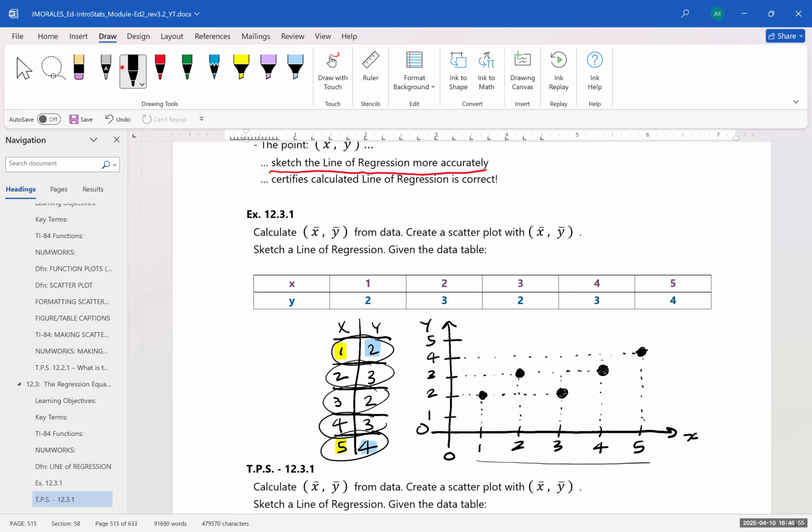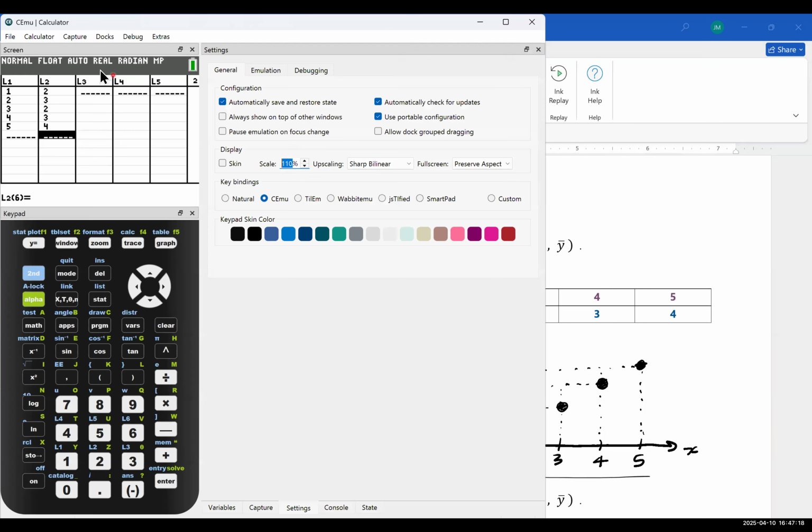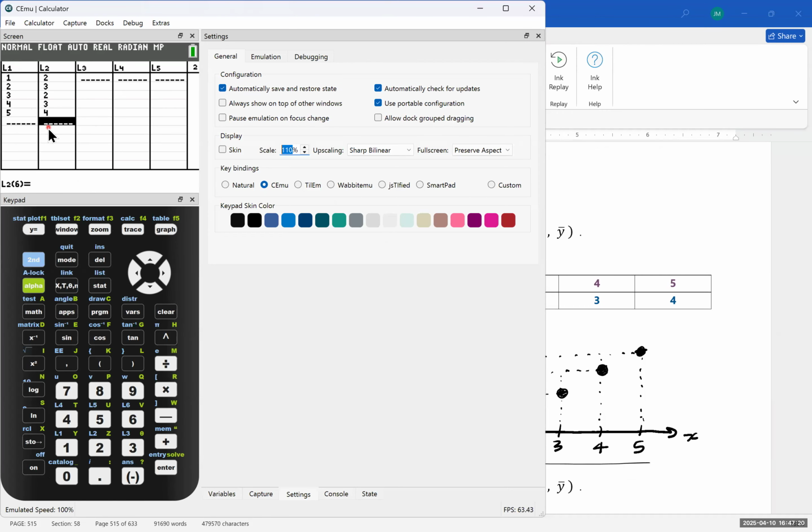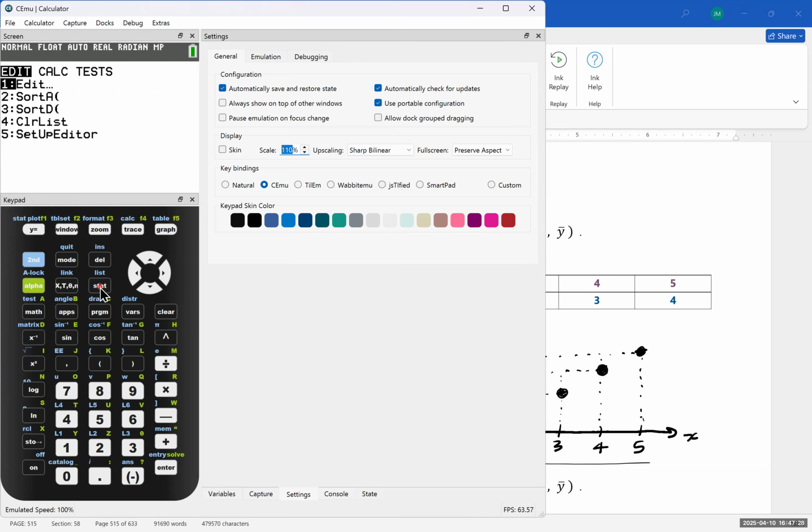Before I can sketch my line of regression, it's going to help me to get this calculated point of x bar, y bar, because the line of regression has to go through it, and that'll help me when I sketch it by hand. So how do we get that? On a Texas Instruments calculator, you want to put your x values and your y values in list 1 and list 2. Then we'll hit the Stat button and go to the Calc menu.